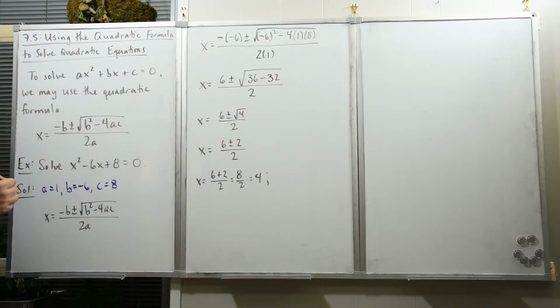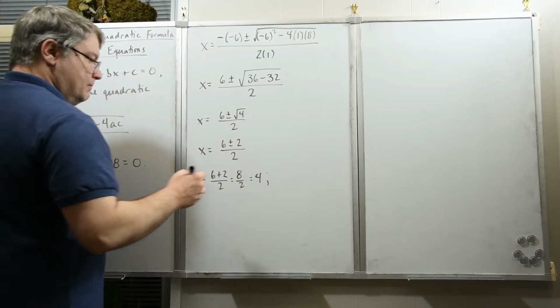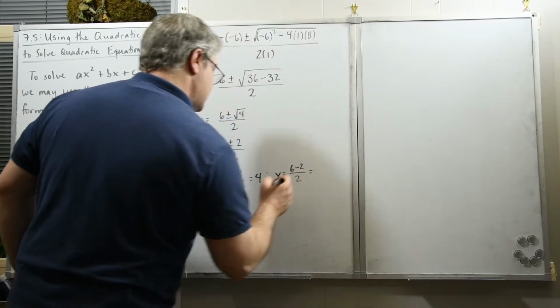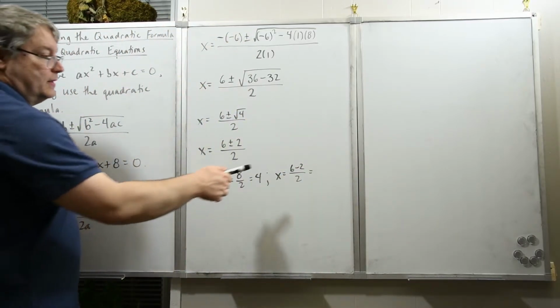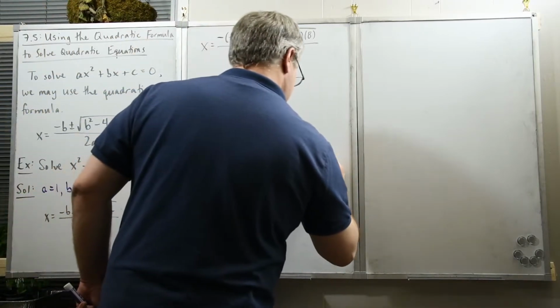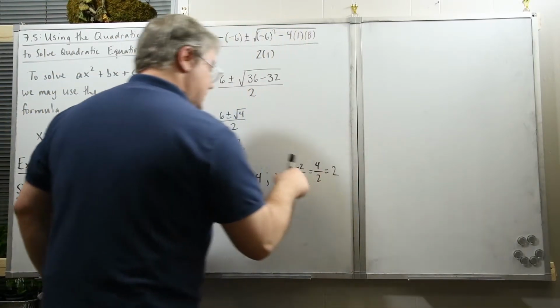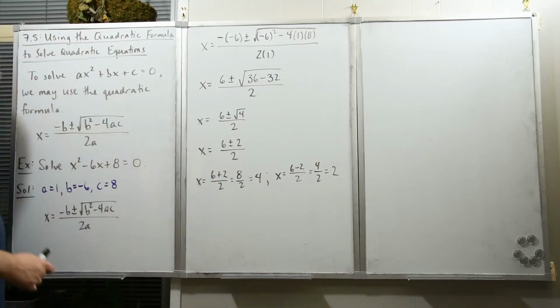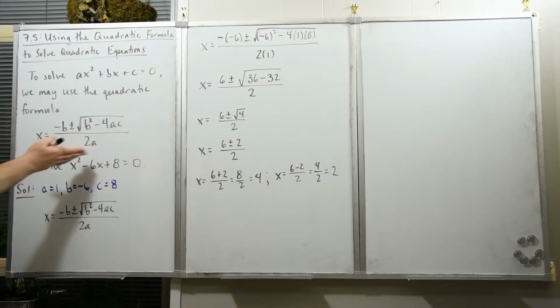So 4 is one of our answers. And then we have x equals 6 minus 2 over 2. Now the 6 minus 2 gives you 4. And you divide that by 2 and you get 2. So x equals 4 and x equals 2 are our two solutions to this equation.